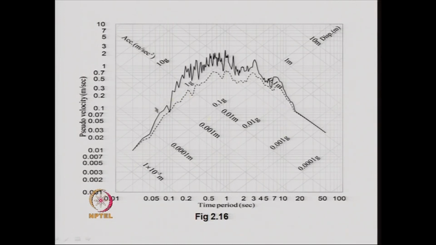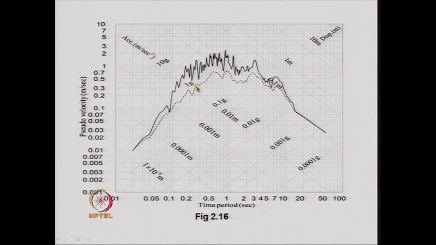That is, if I take a point like this, then for this particular point the S v value will be read from this axis, the S a value will be read from this axis, and the S d value will be read from a line parallel to this axis.